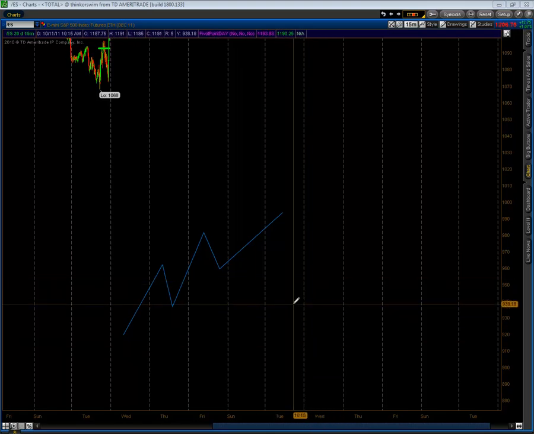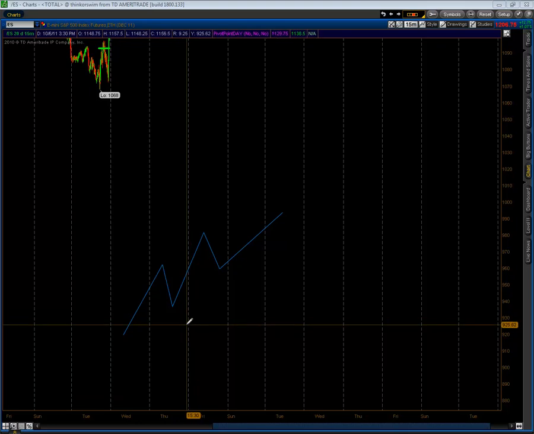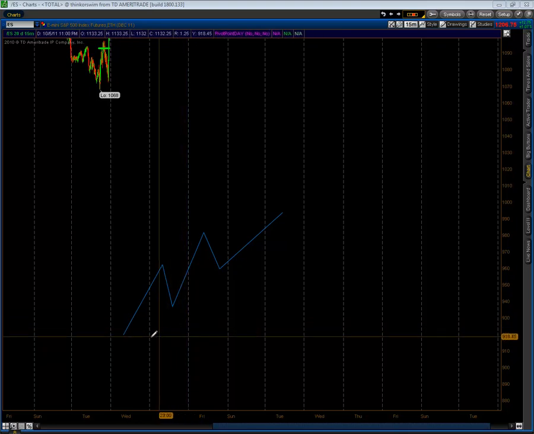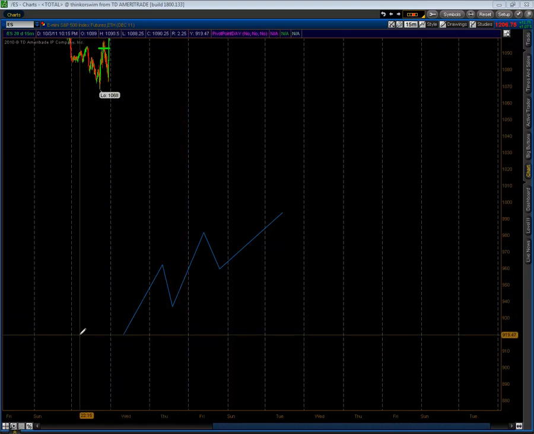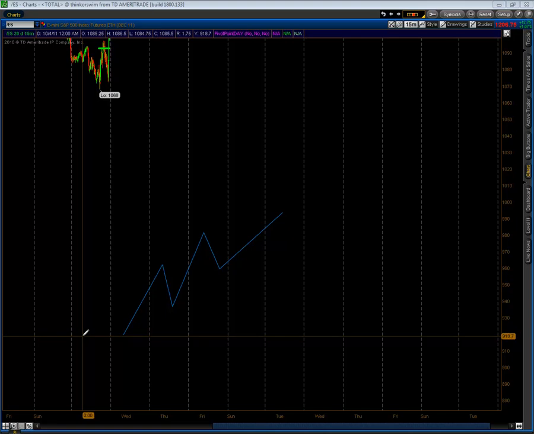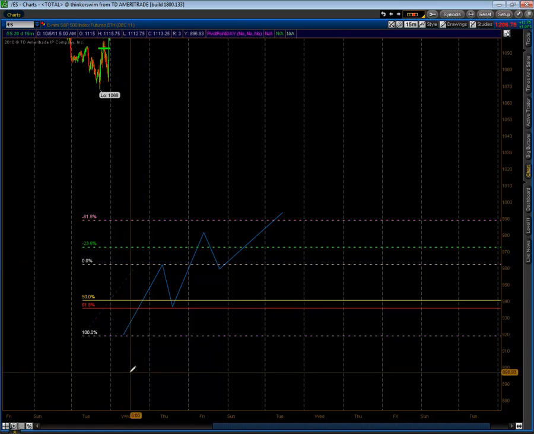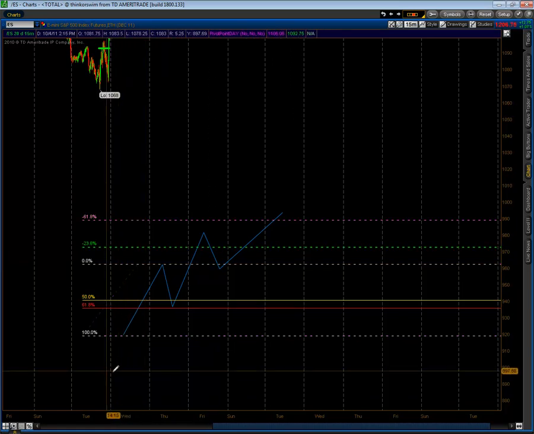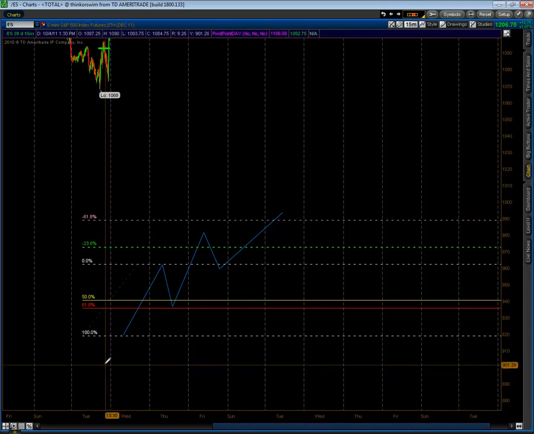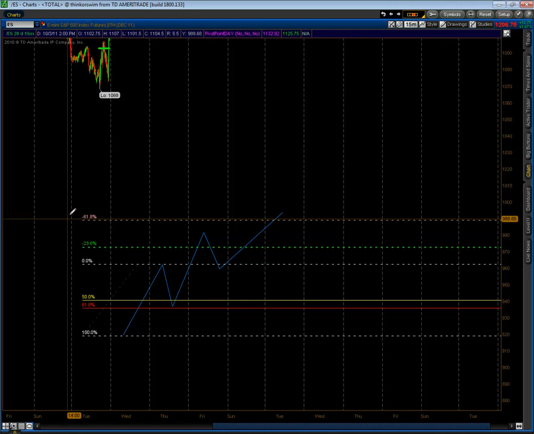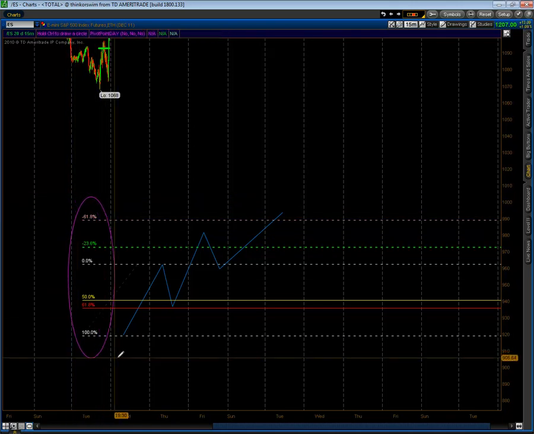But the system is based entirely on fibs, and the idea is to use them to identify precise entry points and precise profit-taking targets. So the way I define my fibs is there's really only 4 important levels that show right here.